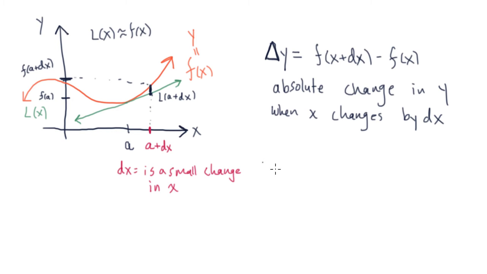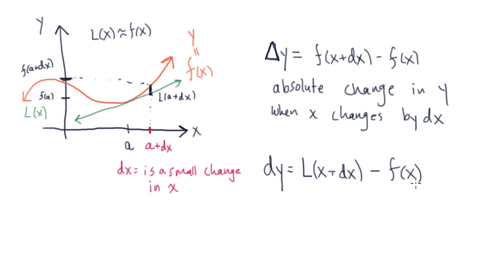Well, the idea is we want to look at the approximation to the differential change, which we'll define by dy. And now dy is L of x plus dx minus f of x.